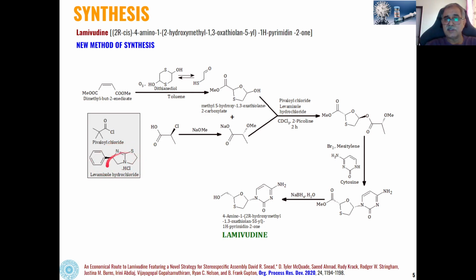This tertiary amine is used for the resolution of this racemic mixture into the optically active enantiomer, which is required for the synthesis of lamivudine. So after the condensation, we will get this type of cytosine derivative, and this cytosine derivative on reduction and hydrolysis will lead to the formation of lamivudine.